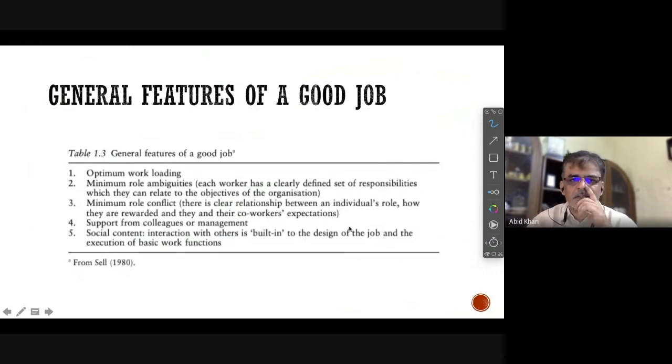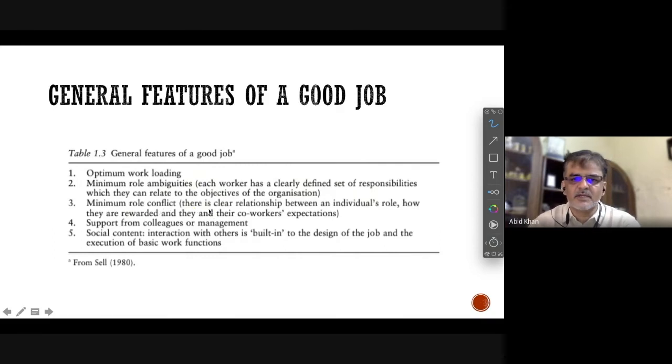These are some of the general features of a good job design, like optimum working load and minimum role ambiguities. Each worker has a clearly defined set of responsibilities. If you have these implemented in the job, you would have a better result.